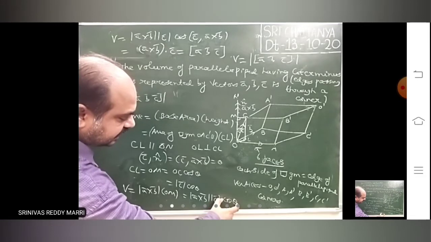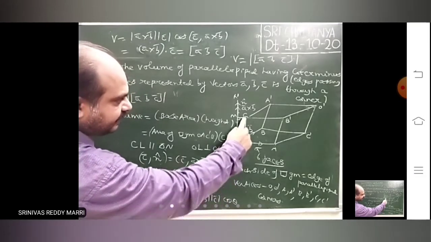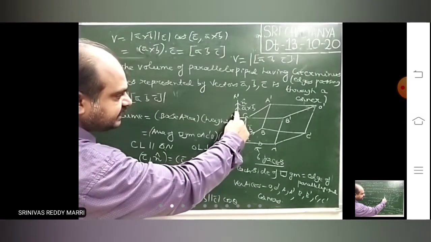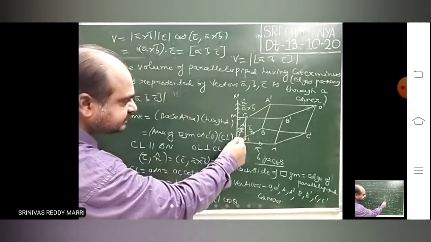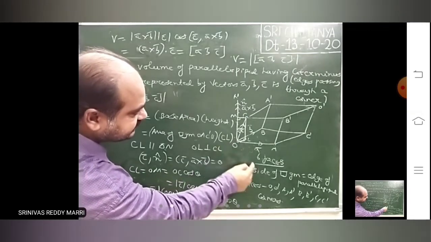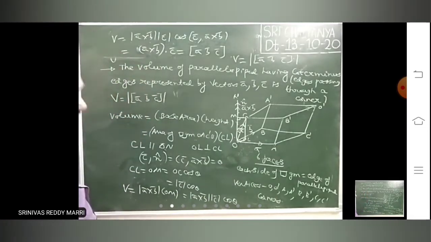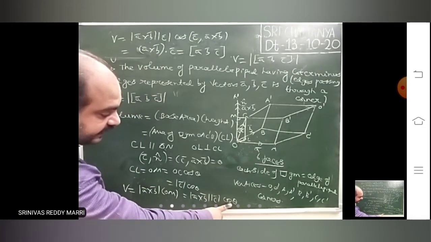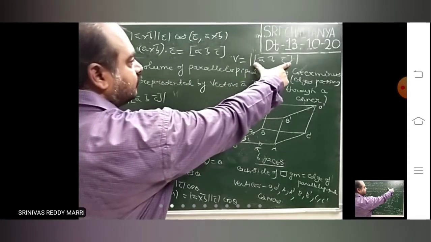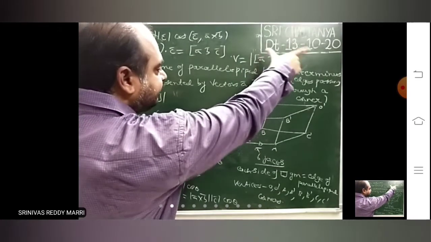If this is obtuse, then it will be negative. The angle between C bar and n cap can also be obtuse. Say C bar is like this, then it will make an obtuse angle, and in that case it becomes negative. So that's why volume is nothing but the modulus of the box of A bar, B bar, C bar.